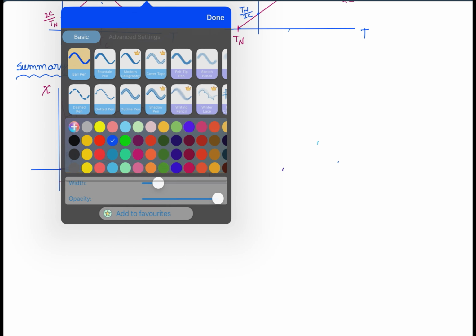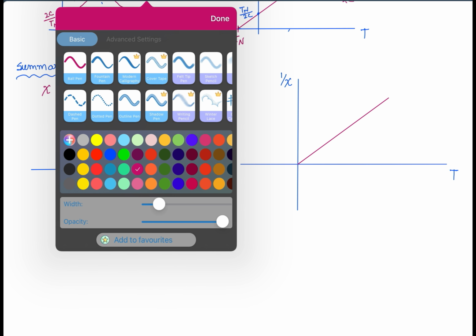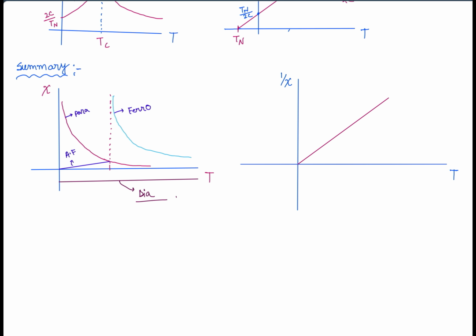And next, if we draw 1 by chi versus temperature for all 4 types of material, then the curve looks like this one. This will be for para. This will be ferro.